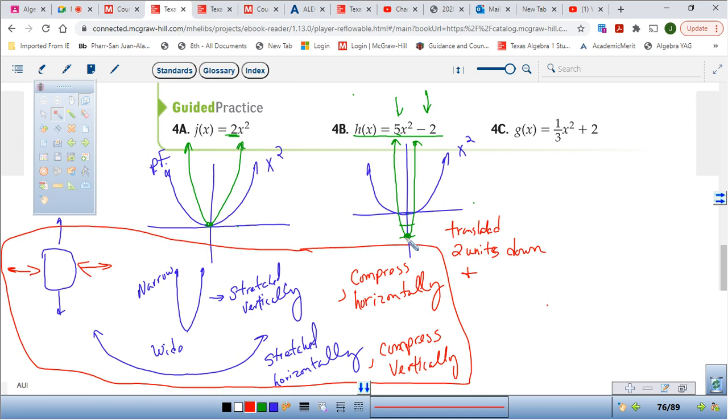Do you want to say stretched vertically, compressed horizontally, narrower? What is it y'all want to put? A, B, or C, other? A, okay, we're going to say stretched vertically.